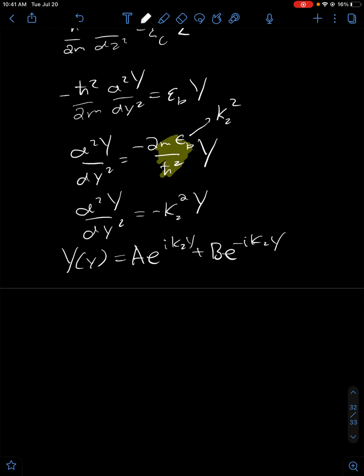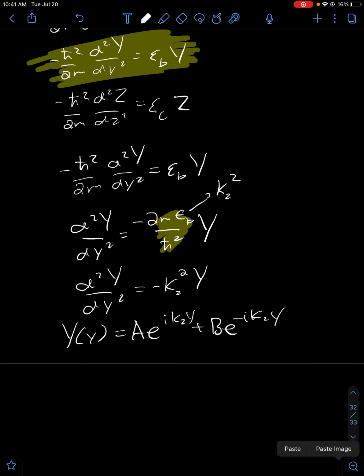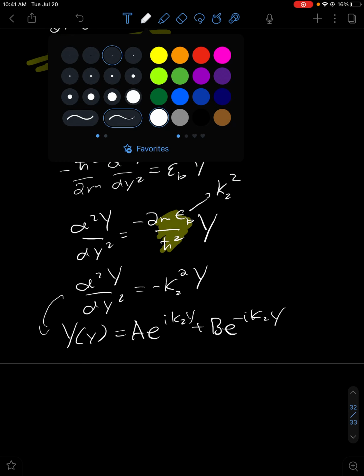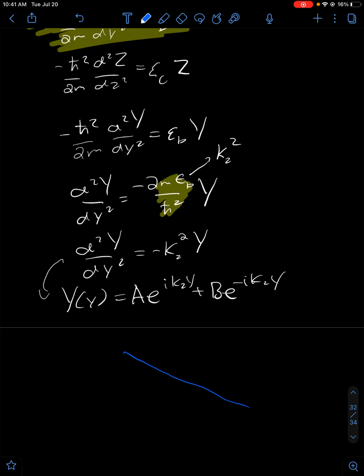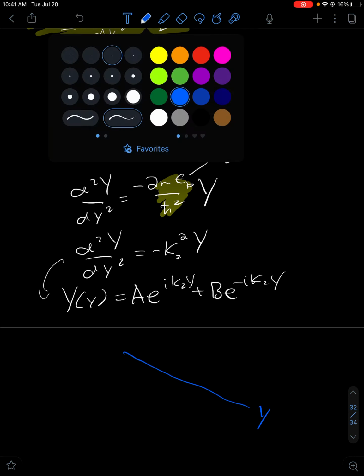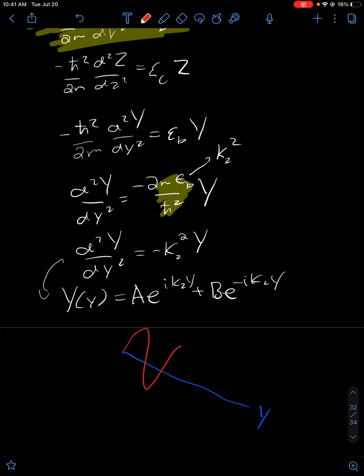Now, if you don't believe me that this solves this equation, check out my free particle video. I derive it more explicitly there. And if you didn't know, these are just equations for plane waves along the y-axis.